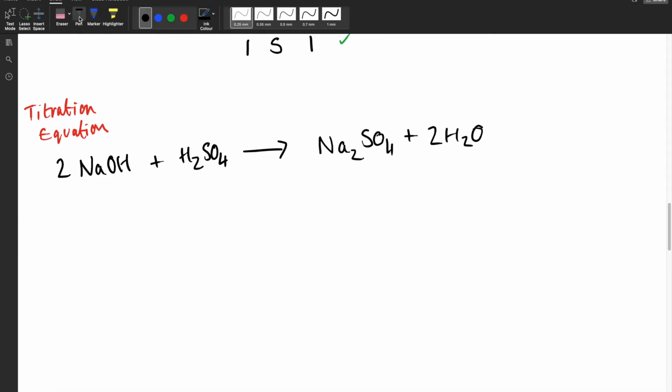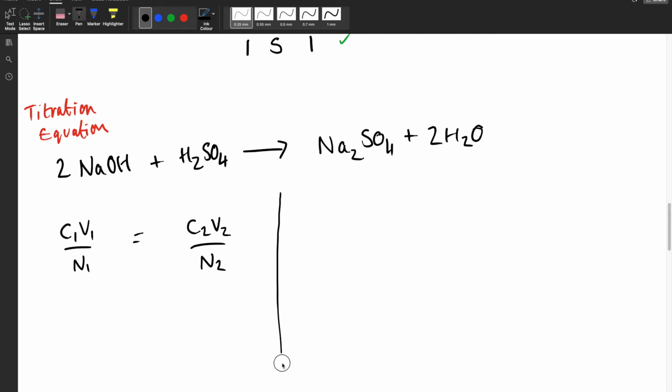Okay, now what we're going to do next is we are going to write down the titration calculation, which is our C1 V1 over N1 equals C2 V2 over N2. Now notice I've got one of them below my alkali, one of them below my acid.